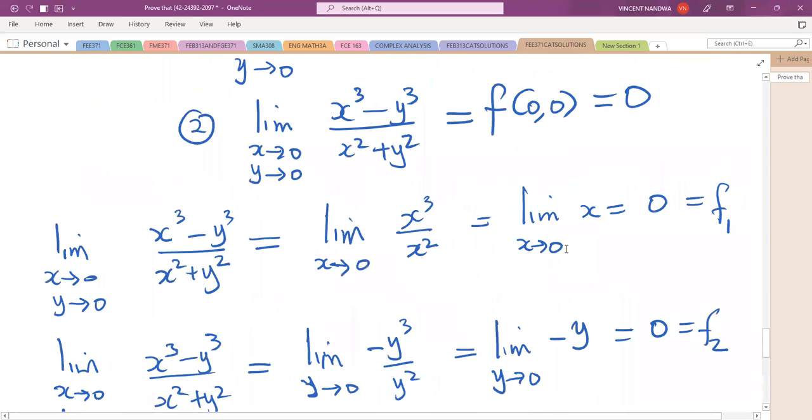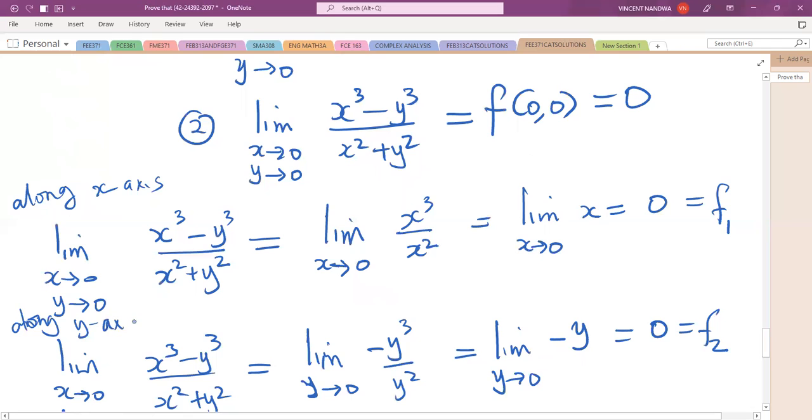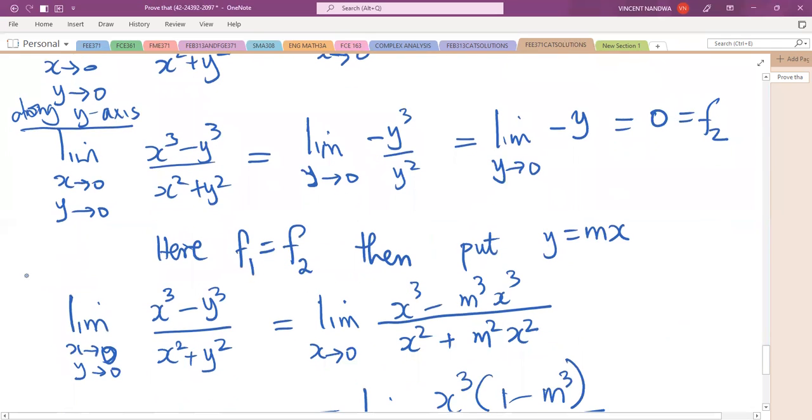So remember, you can specify that the first one is along the x-axis, the second one is along the y-axis, and then the third step is along the line y equals mx.